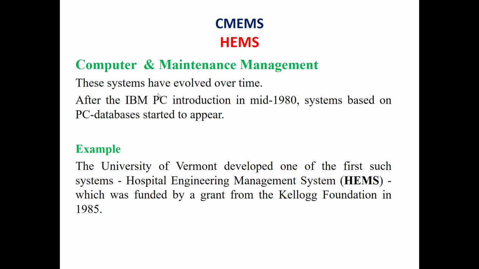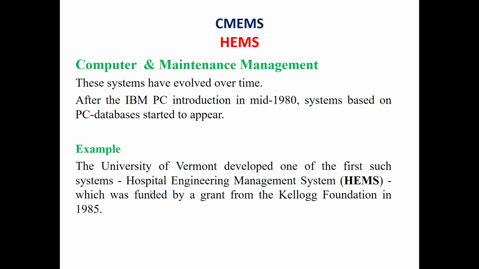These systems have evolved over time. After the IBM PC introduction in the mid-1980s, systems based on a PC database started to appear. An example is the computerized medical equipment management system developed by the University of Vermont.